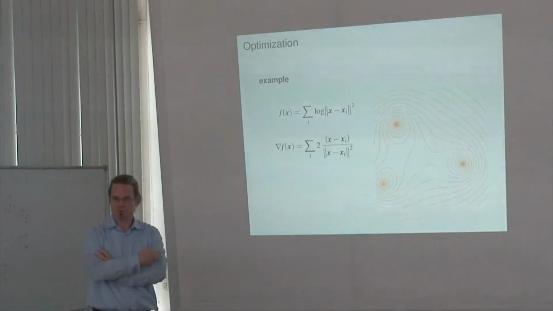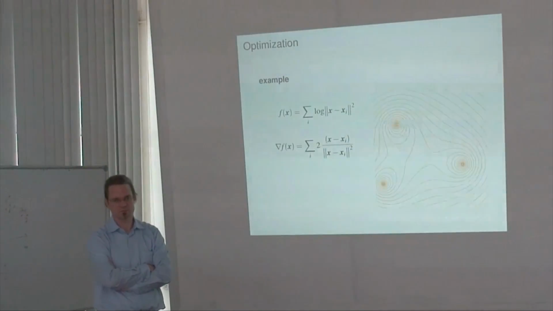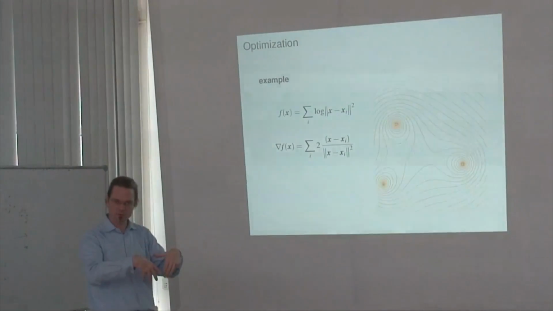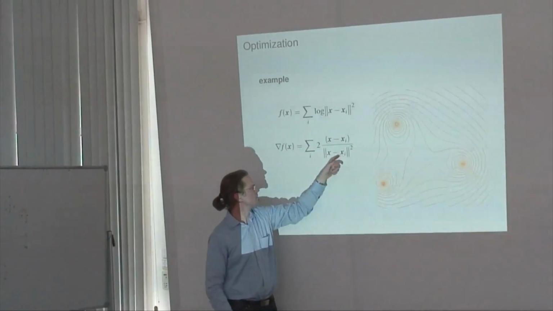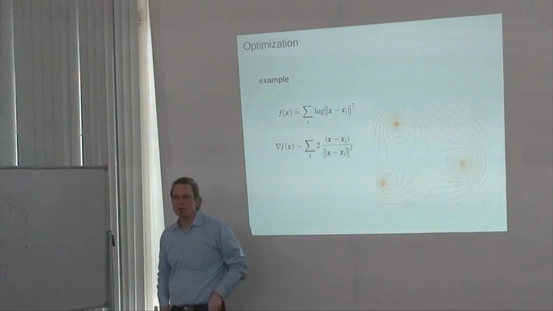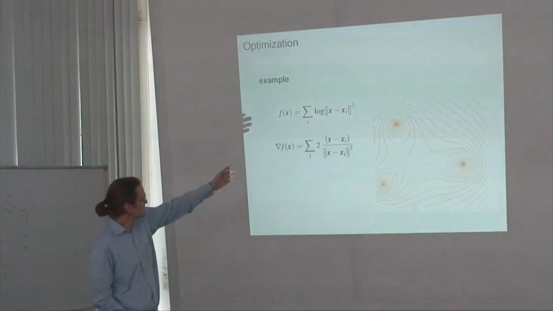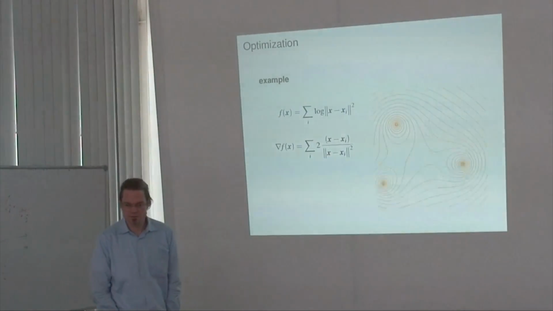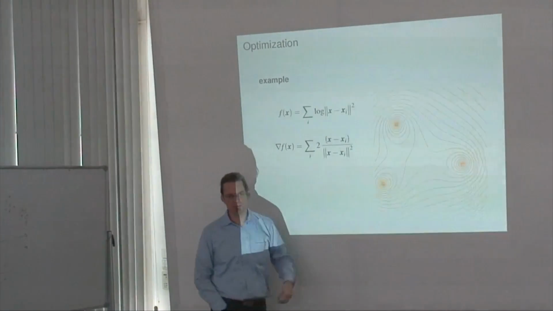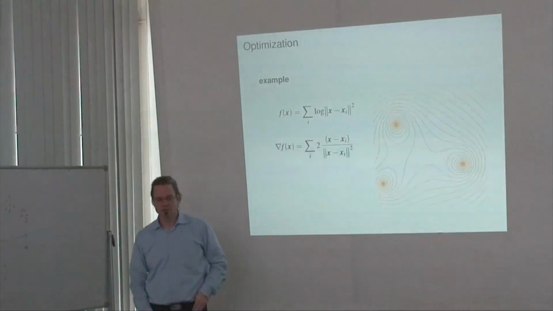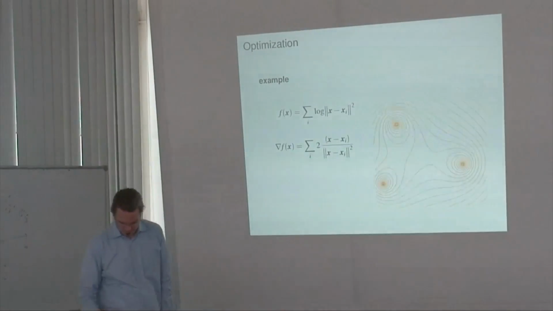Then we have a logarithmic term in x, so first we have to have 1 over the argument of the logarithm, that is the derivative of the logarithm. And then we have this squared Euclidean distance. The gradient of that is just 2 times x minus xi. So this is the gradient of this function.